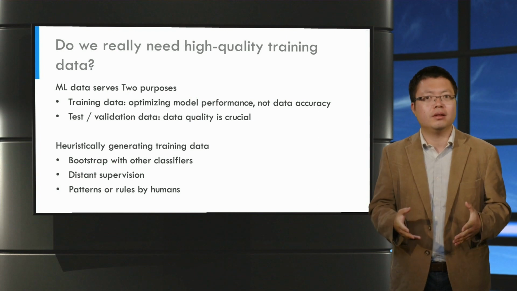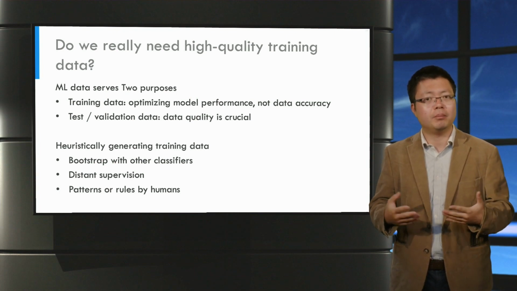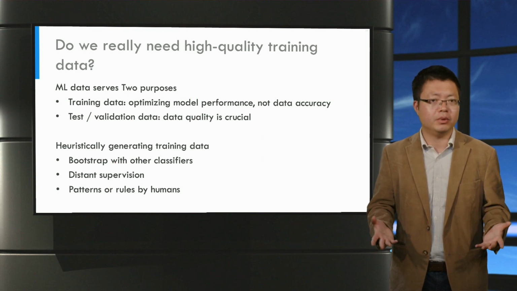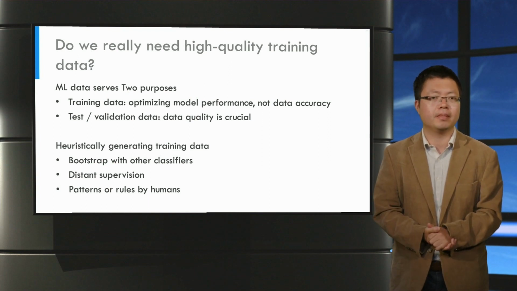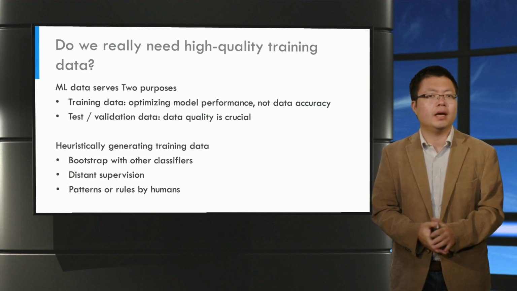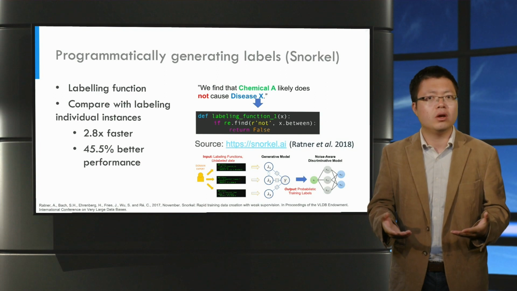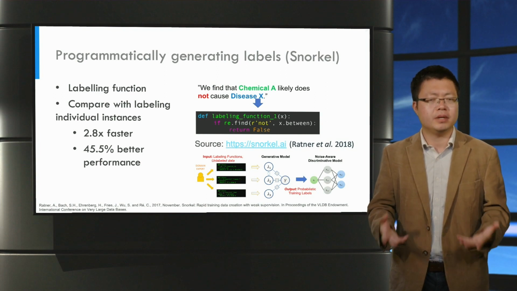The other method that I want to talk a little bit about is labeling with patterns or rules generated by humans. It means that we can use patterns to label all the instances with the pattern being present.